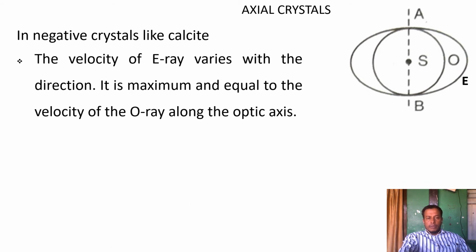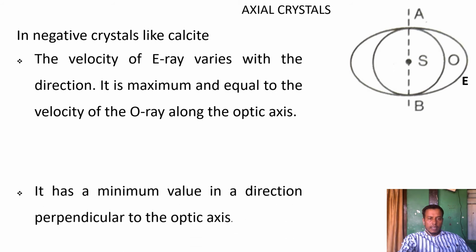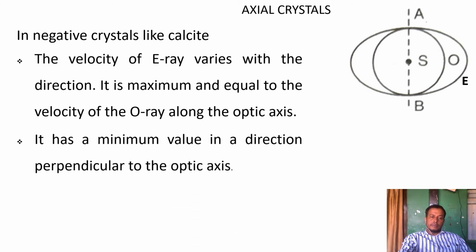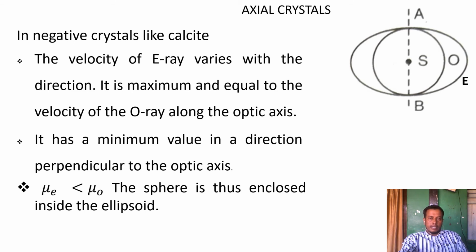It is minimum in the direction perpendicular to the optic axis, but the refractive index of the extraordinary ray is greater than that of the ordinary ray, so the sphere is enclosed inside the ellipsoid in negative crystals.